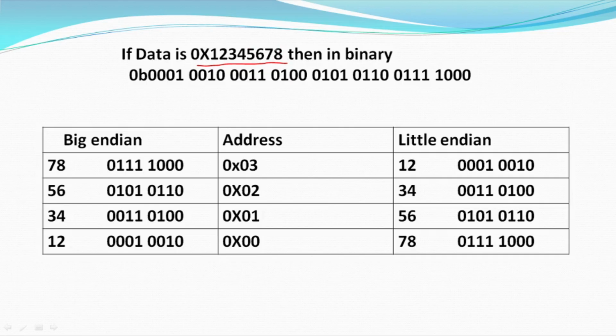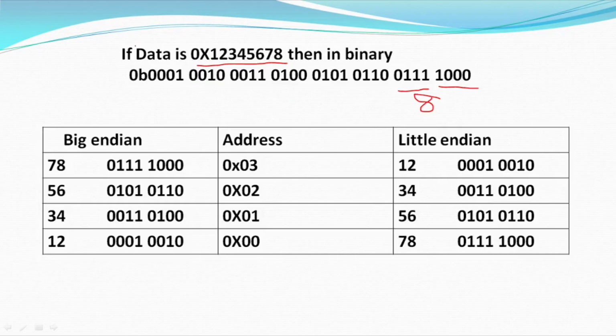Hexadecimal 8 in binary is 1000, that is, it occupies 4 bits. Then 7 is split as 0111, so this is one more 4 bits of data. This total constitutes 8 bits of data.